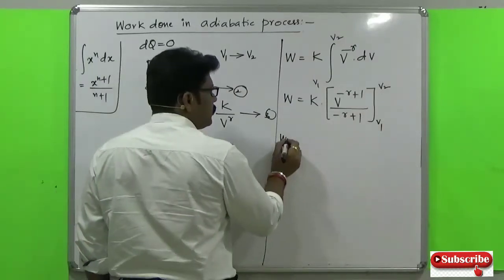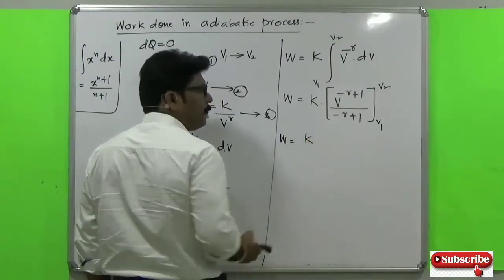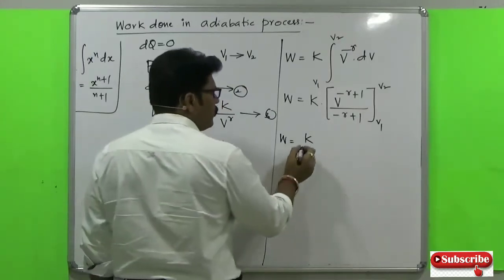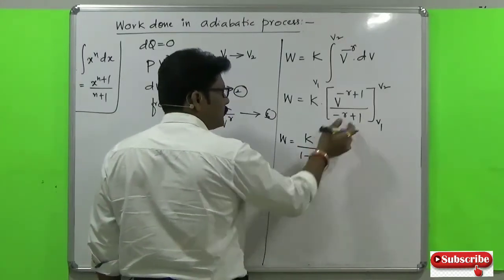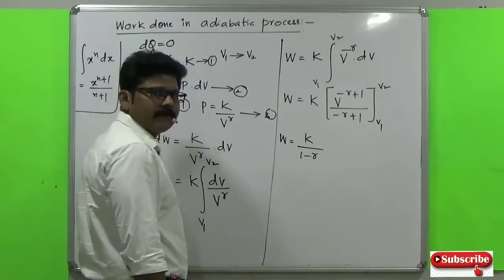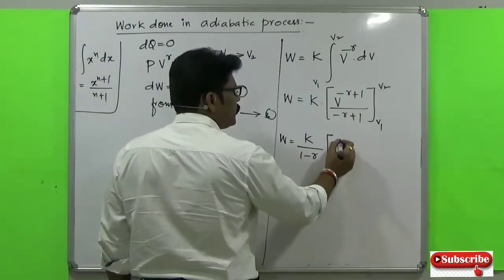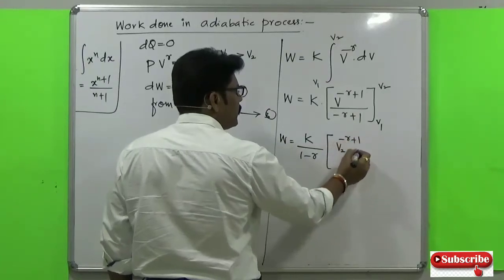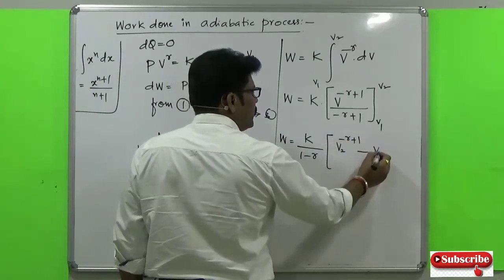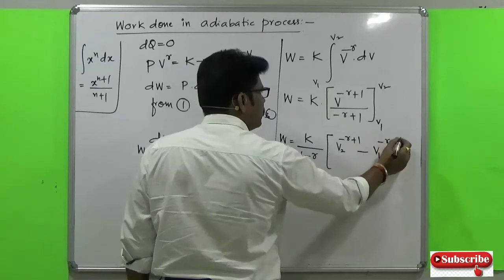Now W is equal to K by 1 minus gamma, taking 1 minus gamma outside, upper limit minus lower limit. So V2 to the power of minus gamma plus 1 minus V1 to the power of minus gamma plus 1.